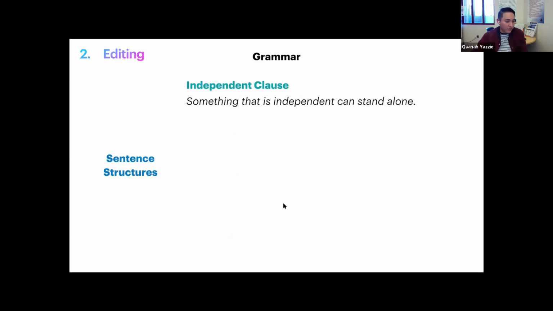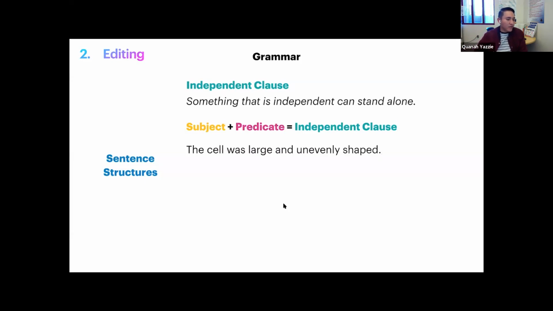It can be on its own. So if we keep that meaning of independent in our mind and attach it to this formula here, which is the formula for an independent clause, it's a subject plus a predicate. So a subject has to actually do an action for this to be an independent clause. So an example could be here.